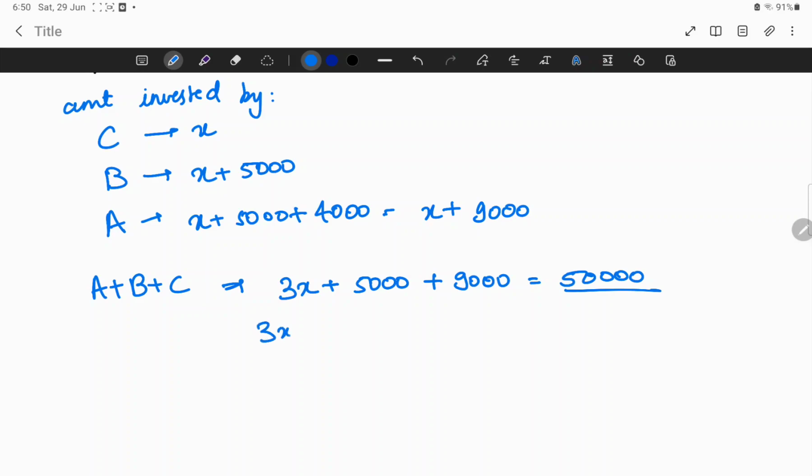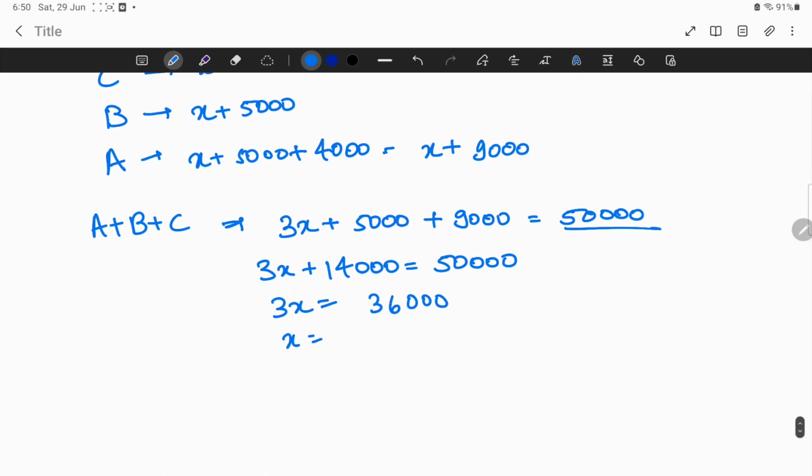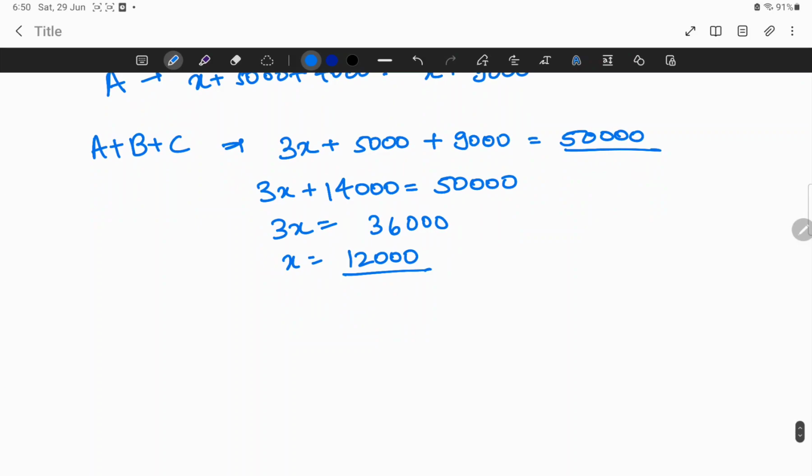So 3x plus 14,000 is 50,000 rupees. So your 3x is actually 50,000 minus 14,000, which is 36,000. You will get x to be 36,000 divided by 3, which is 12,000 rupees.